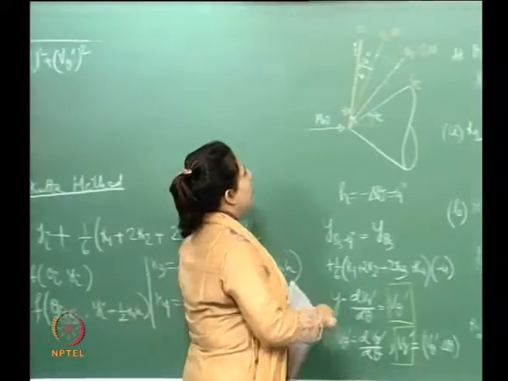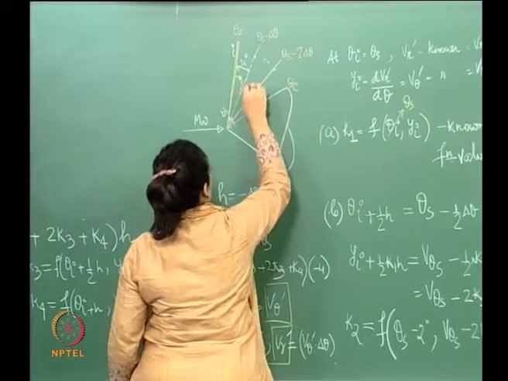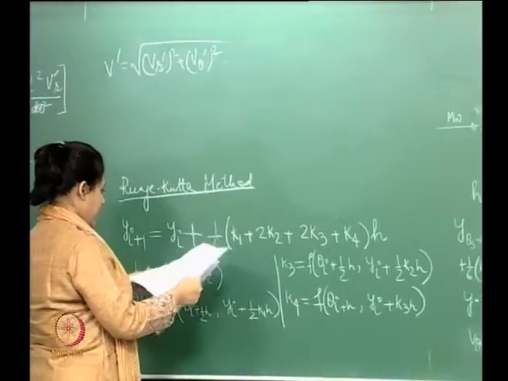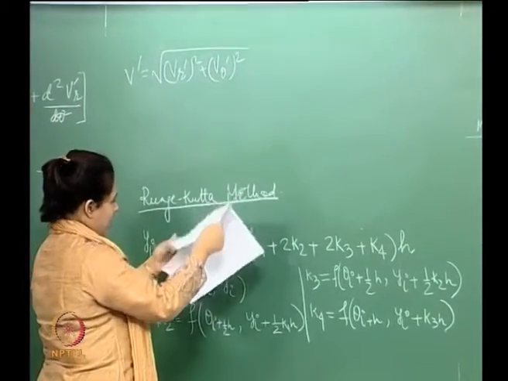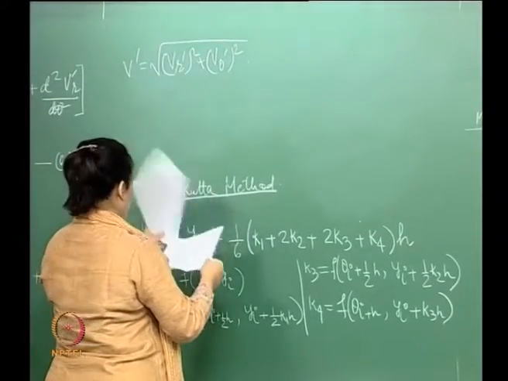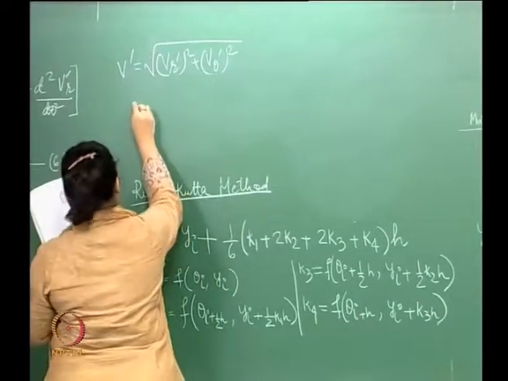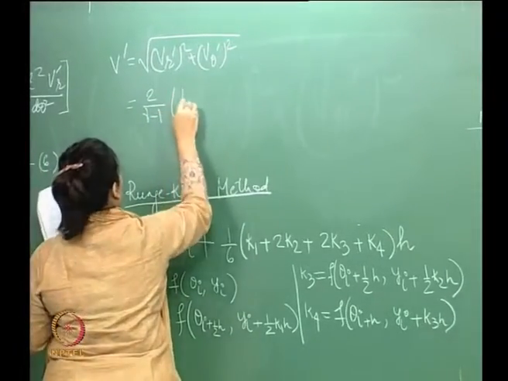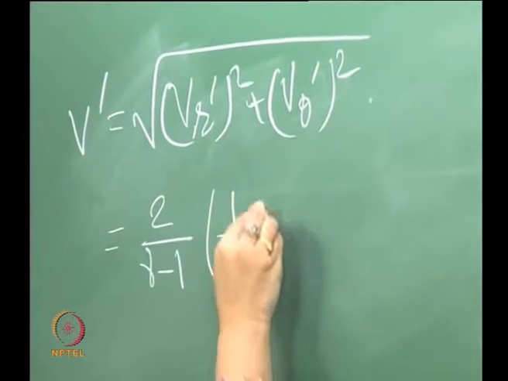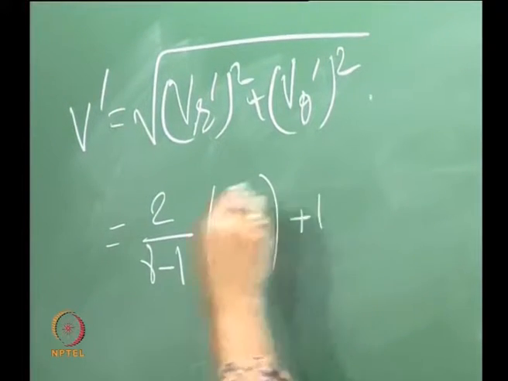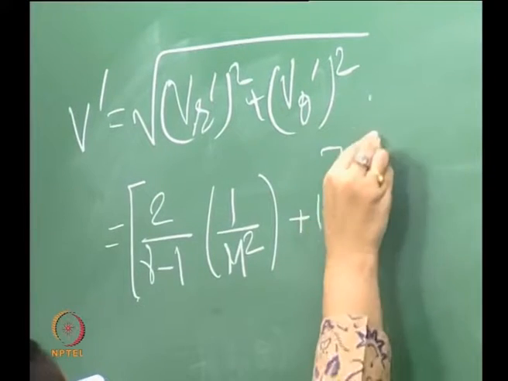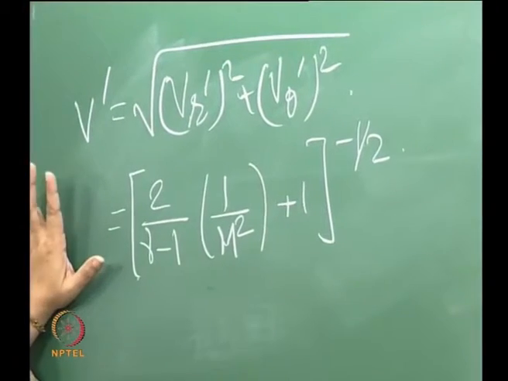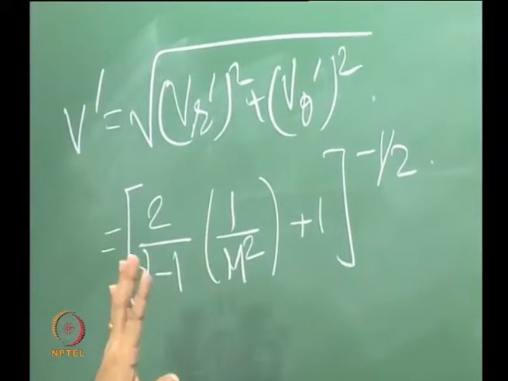In this case what we have calculated is V dash on this radial line, and if you remember, let me write this down one more time. Now, once we get V dash we can get the corresponding Mach number.